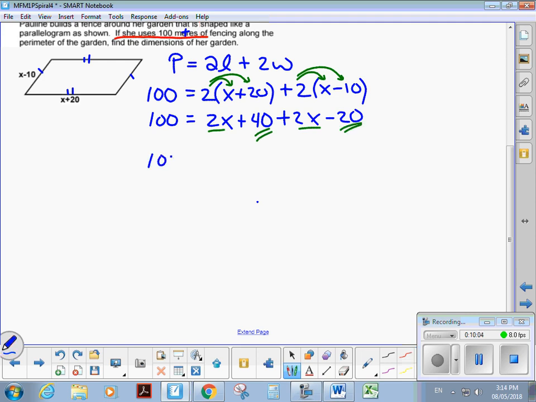So 100 equals, I'll have 4 x's, and I'll have a number 20 left over, 40 minus 20. Now it makes sense. Let's move all the numbers to the left, because on this side, there's just numbers. So I'm going to subtract 20, and whatever you do to one side, you do to the other. 100 take away 20 is 80, equals 4x.